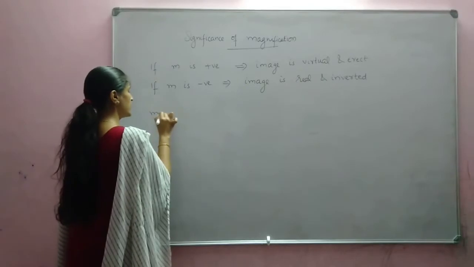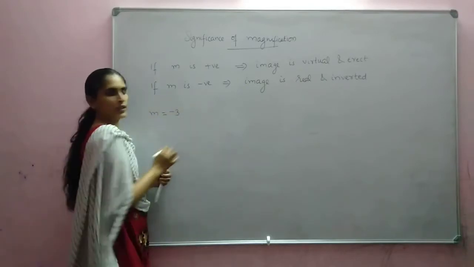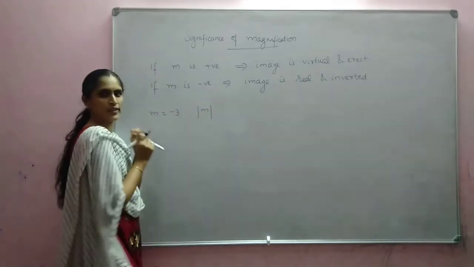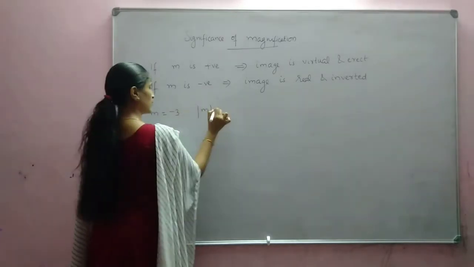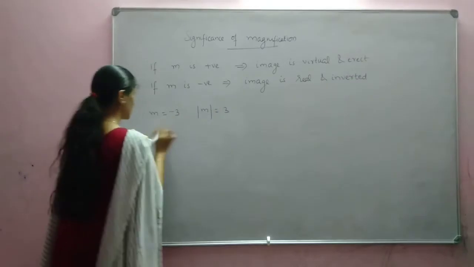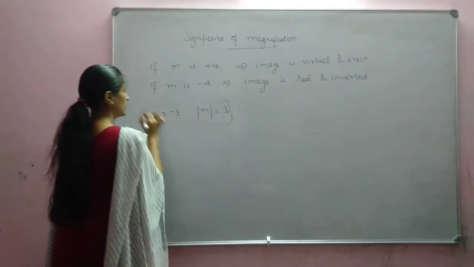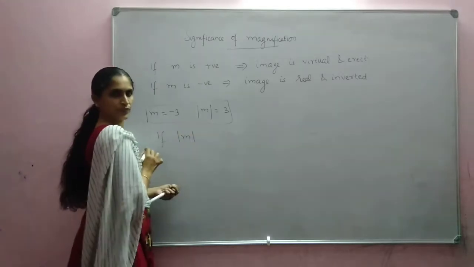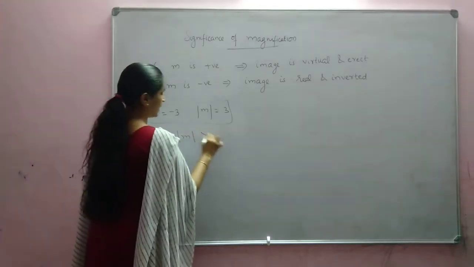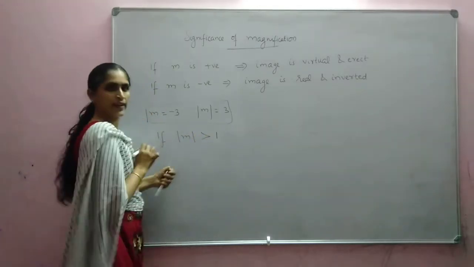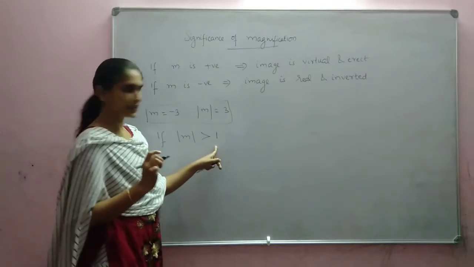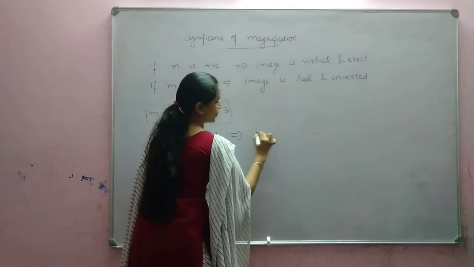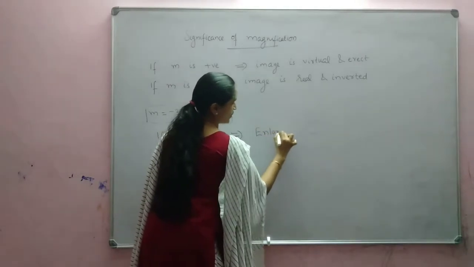For example, if you are getting m equal to minus 3, then for the magnitude of m we only consider the positive quantity, so that will be equal to 3. This is one example. If the magnitude of m is greater than 1, we can say that the image is enlarged.